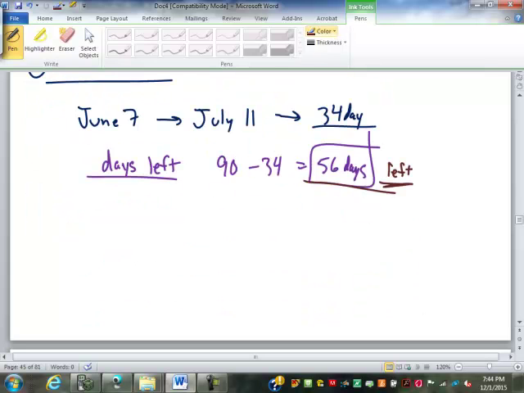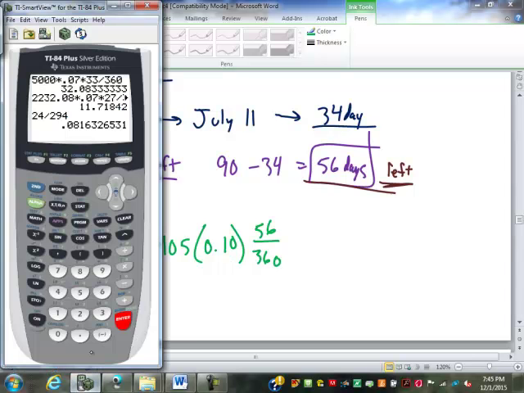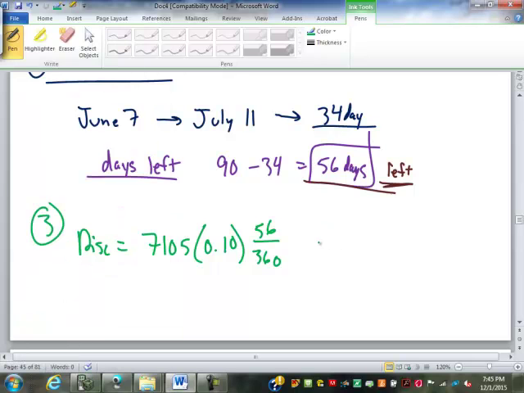So then we find our proceeds, where we first have to calculate the discount, which is going to be off the 7,105. The bank's rate is 10% and 56 days over 360. That is $110.52.